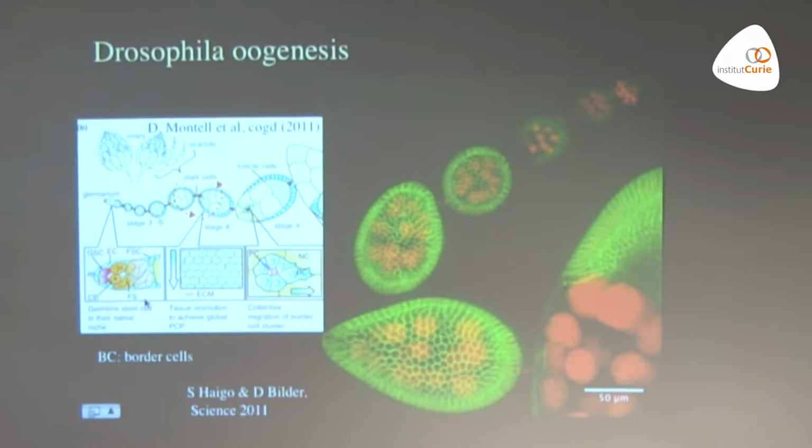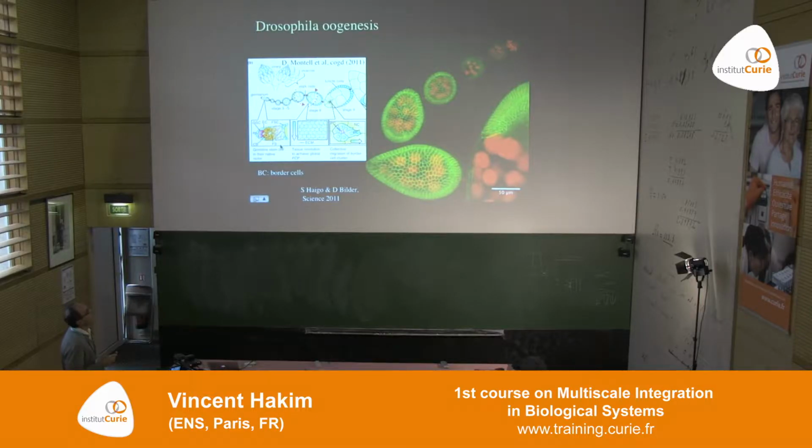Another example that has been studied a lot is Drosophila, particularly in the group of Denise Montell, Drosophila oogenesis. Here is a small reminder of how it is. You have the ovary and then this ovariole, where you have the maturation of the eggs in beads.